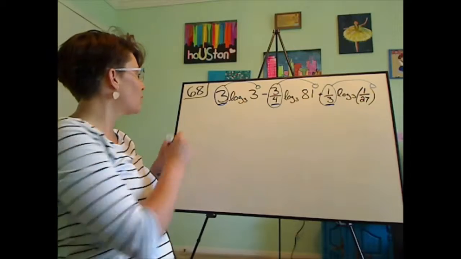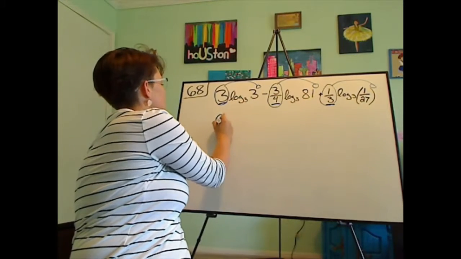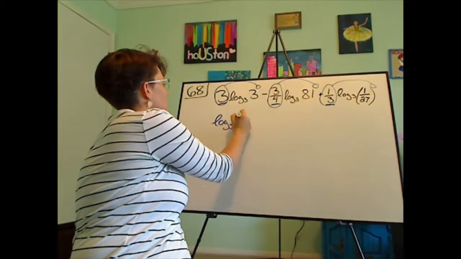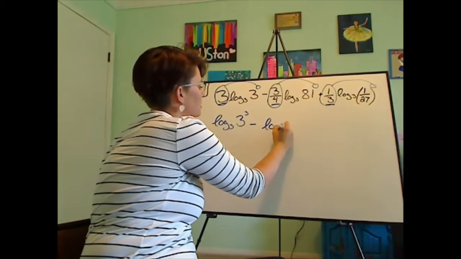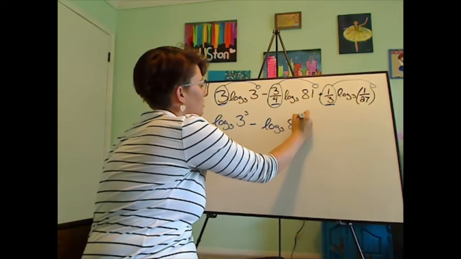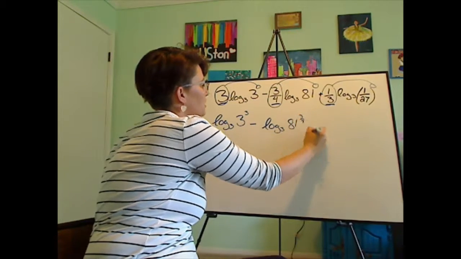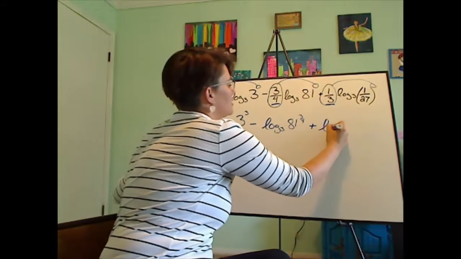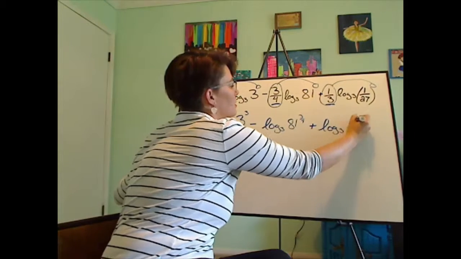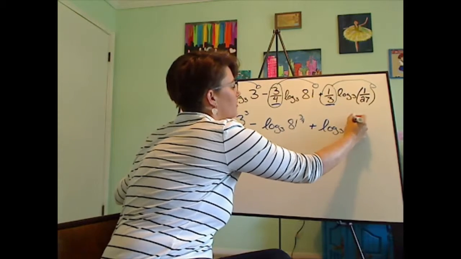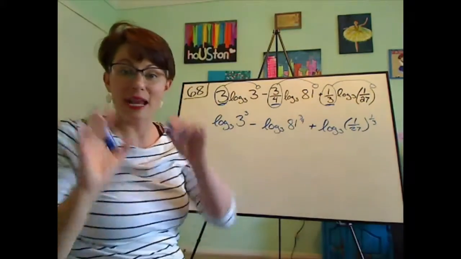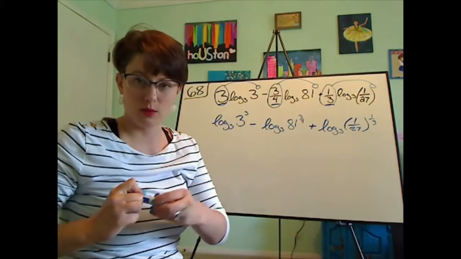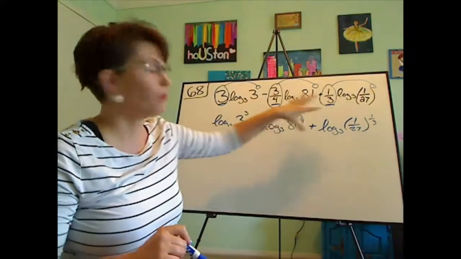So anyway, when we rewrite this, now it says 3 to the third, 81 to the 3/4, and 1/27 to the 1/3. Now we haven't combined anything yet because we're still working on just this power property part.